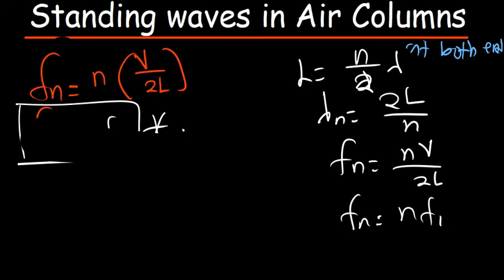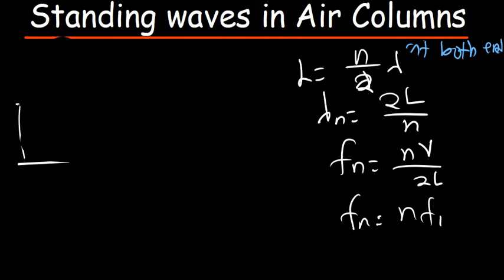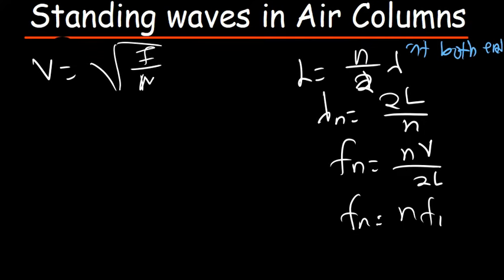Sometimes they can give you the mass and the tension force of the string. Then you need to remember that V can also be given by the square root of the force divided by mu. Remember we said mu is equal to the mass divided by the length.